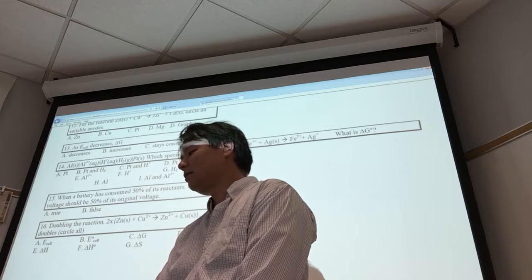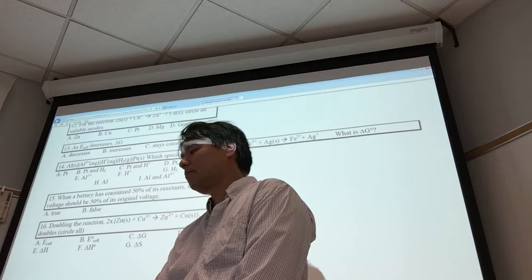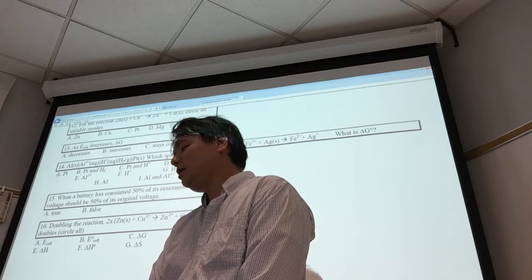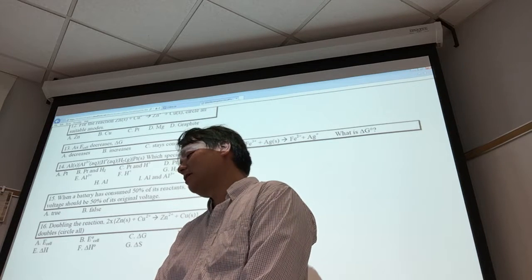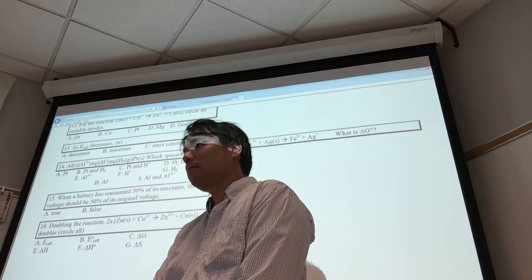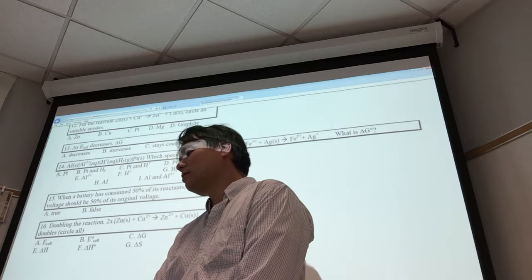Delta G naught. No, that's the standard. Yeah. Delta G naught, this is very tricky because delta G naught is 1 bar, 1 molar, right? So it's under standard conditions.